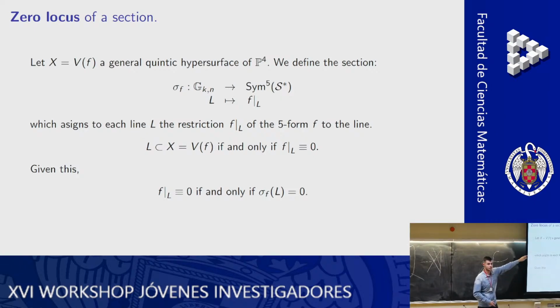In this case, it's the restriction of the 5-form to the line. So a line is contained within the hypersurface if and only if the restriction of the equation to the line vanishes, goes to 0. So basically, a line is contained within the hypersurface if and only if the section vanishes in that point of the Grassmannian.